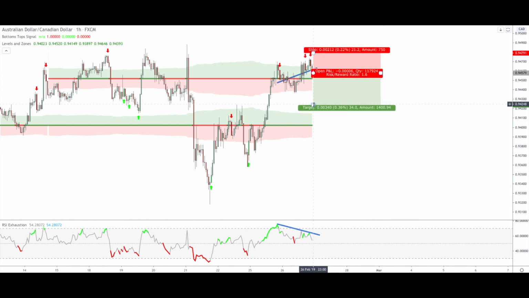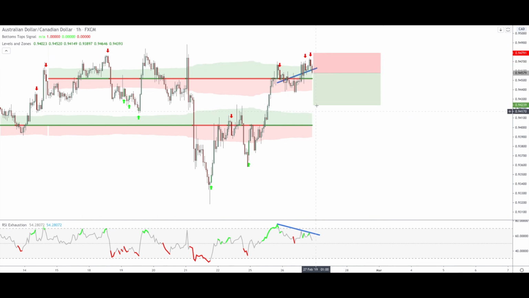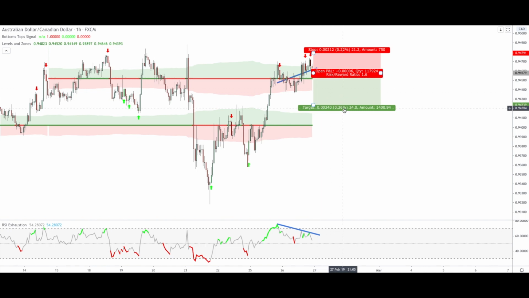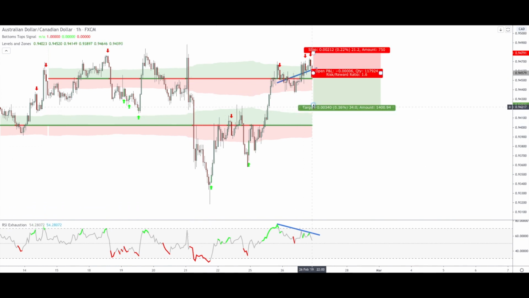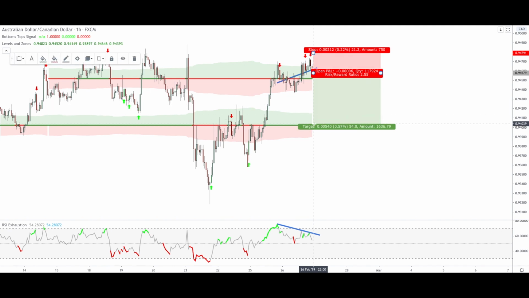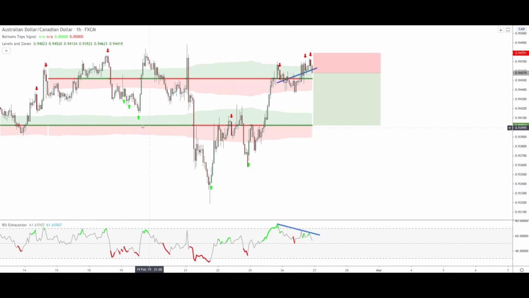And for the target, if the price comes down, it could come down quite significantly given this recent volatility. But as always, we want to play safe. So by playing safe, I will set my target to be this support down here, because we know that these levels, which are given by the levels and zones, are very strong major levels.